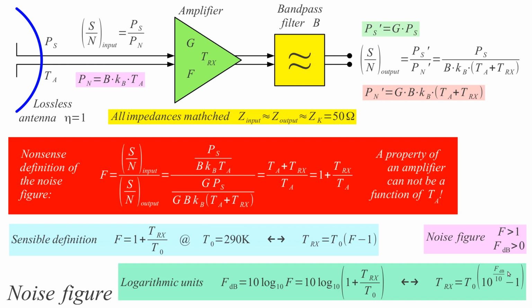So it does not bring really new information. The noise figure parameter is not telling us anything new. It's just causing confusion, having yet another measurement unit for the noise in the system.